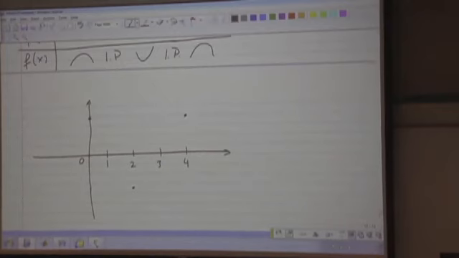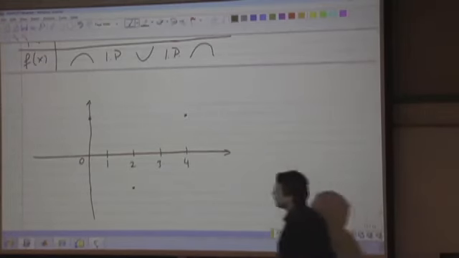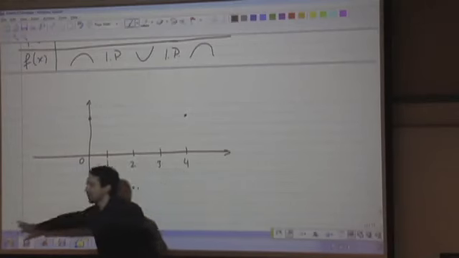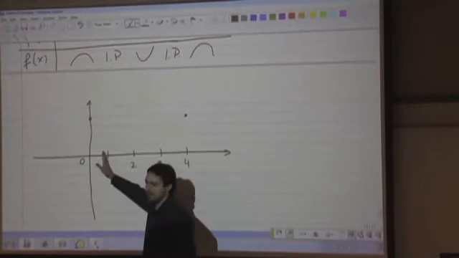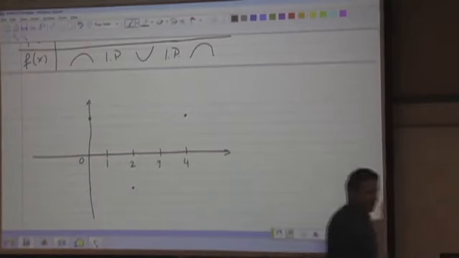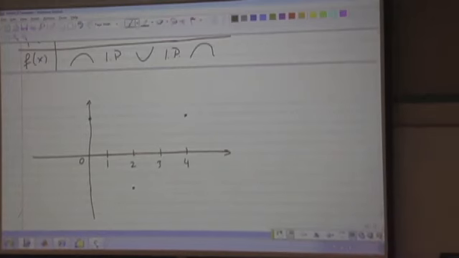I know my function's concave down from minus infinity. So my function's concave down from minus infinity up to 1. I have a maximum at 0. So that would be one way of drawing it. Is that making sense?